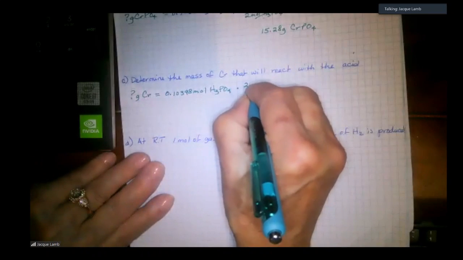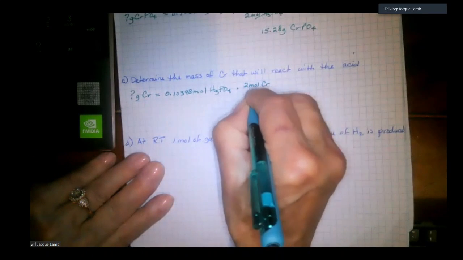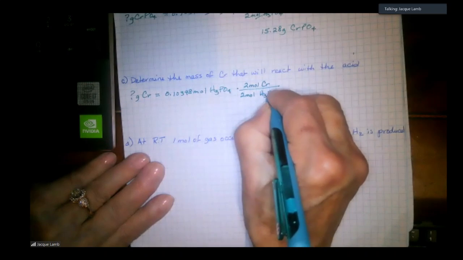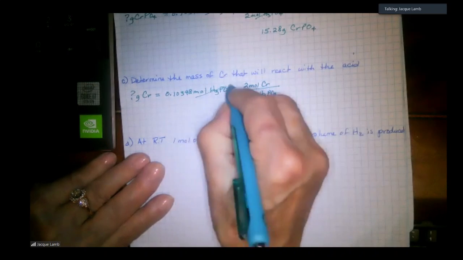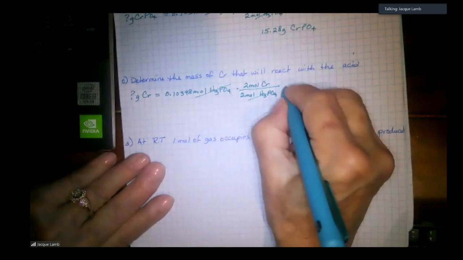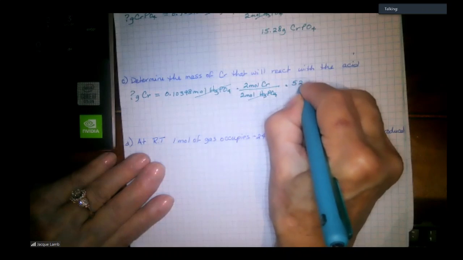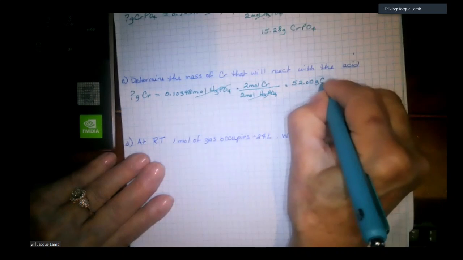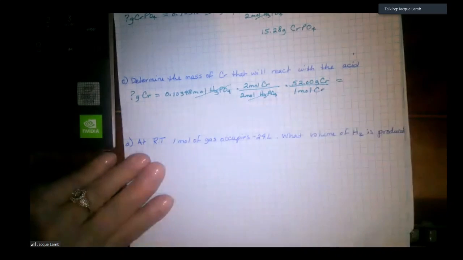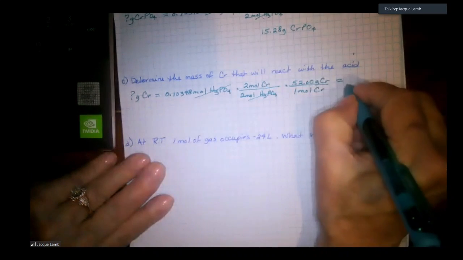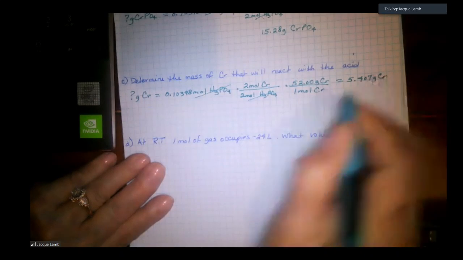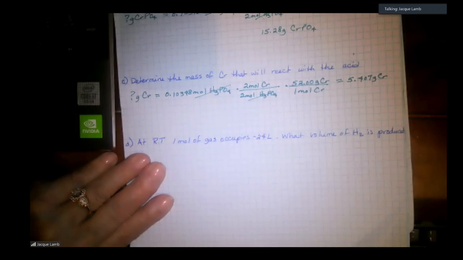So 2 moles of chromium to 2 moles of H3PO4. That's going to go from moles of H3PO4 to moles of chromium, but I'm going to have to multiply that by the molar mass, which is 52 grams chromium per mole. And that mass then is 5.407 grams of chromium, 4 sig figs.